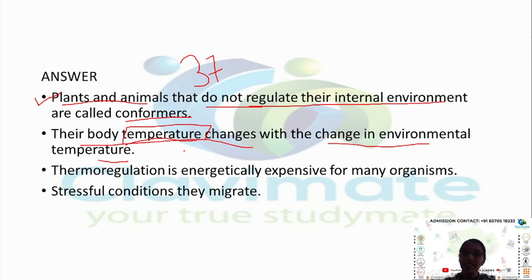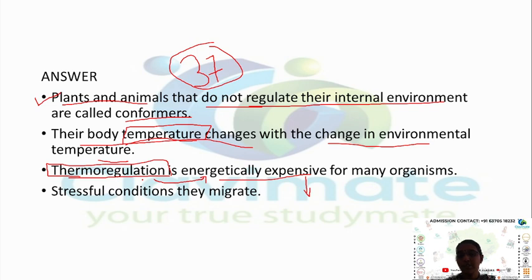So why is it done? Because thermoregulation is seen in us humans. That is, it maintains a constant temperature, that is thermoregulation. So thermoregulation is energetically expensive. Energetically expensive means they have to spend energy for this.